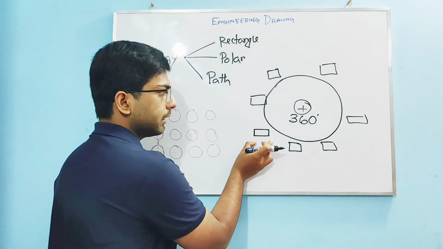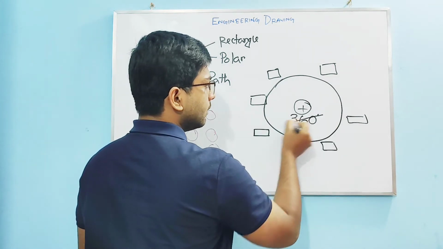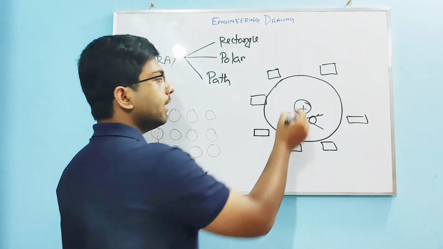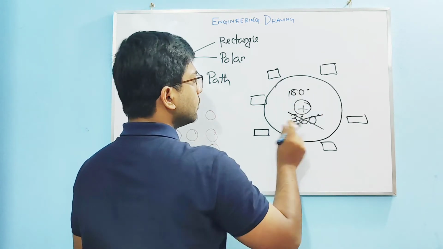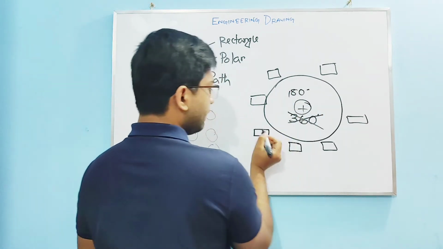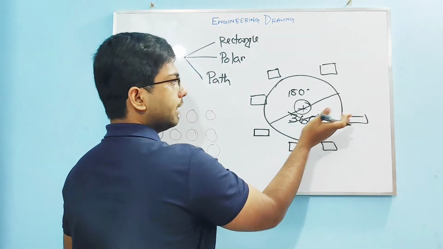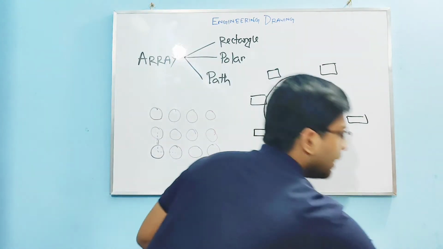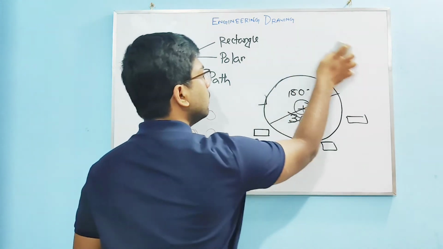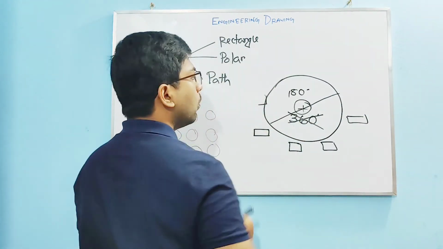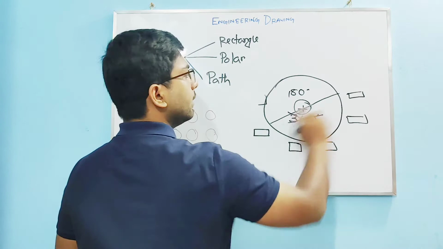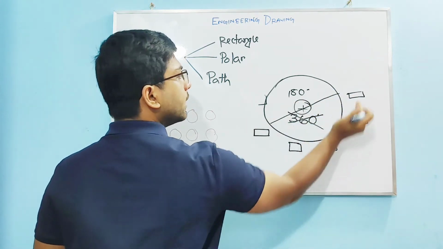This is my base object. If you want this object to be copied in a 180 degree angle, so if this is my base angle, I guess this portion is 180 degrees. So it will be copied only up to this region, this 180 degree shape.